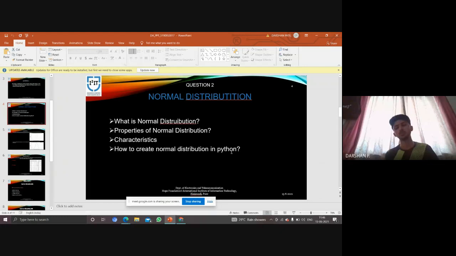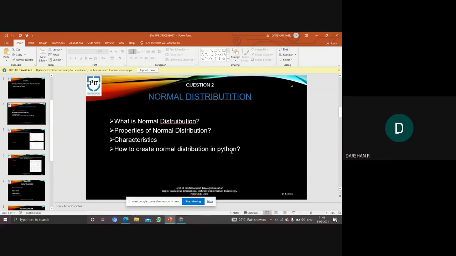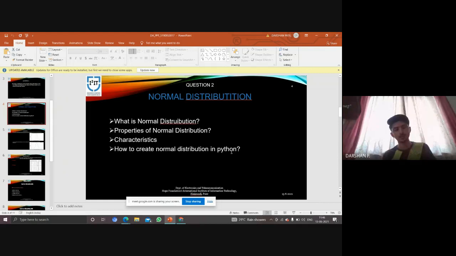A normal distribution can be created in Python by specifying the mean and the standard deviation, using the normal method with a standard deviation parameter. The standard normal distribution is a normal distribution with mean as 0 and standard deviation as 1.